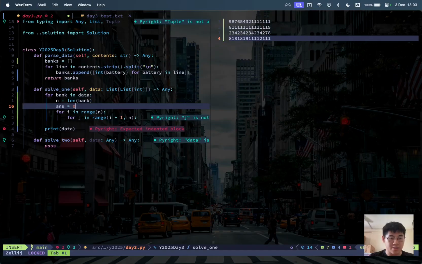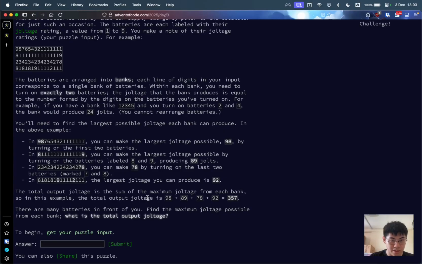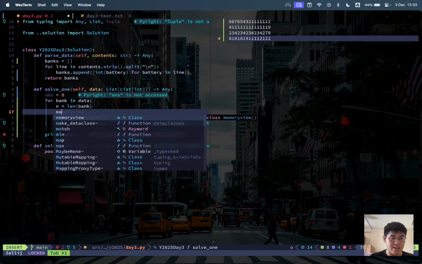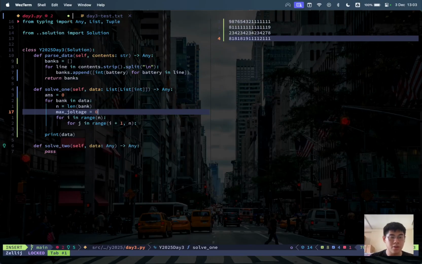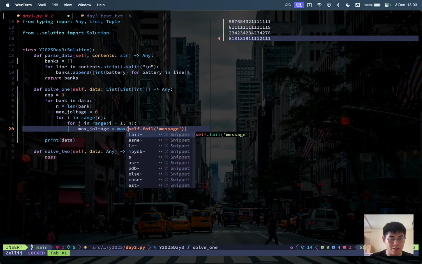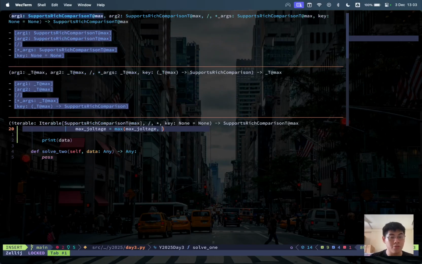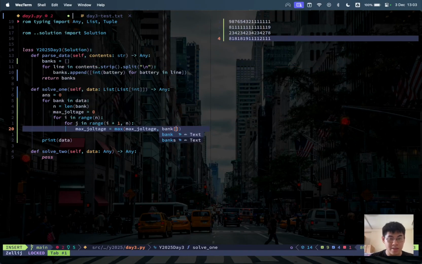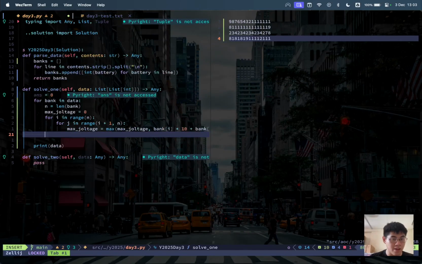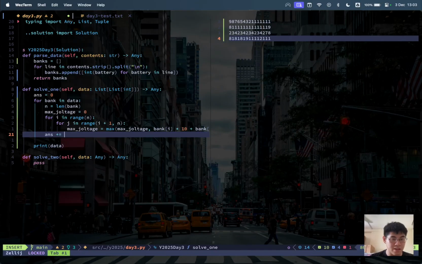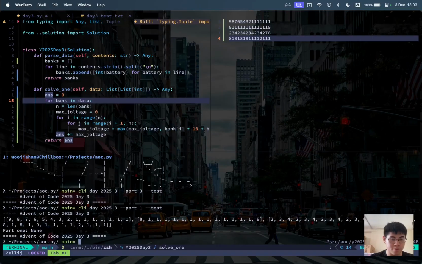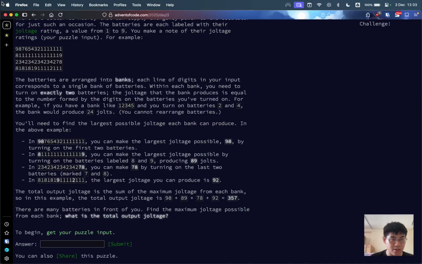The answer equals 0, and the max voltage is 0 for now. The max voltage is the max between the current max voltage, or the bank at i multiplied by 10 plus the bank at j, and then afterwards we simply increase the answer by this. Yeah, you can kind of see that's what we did.